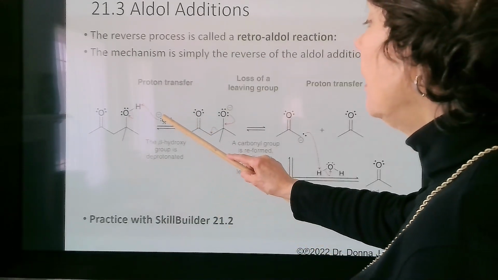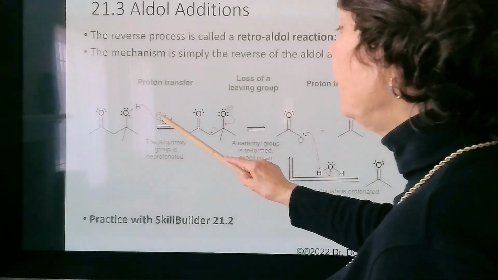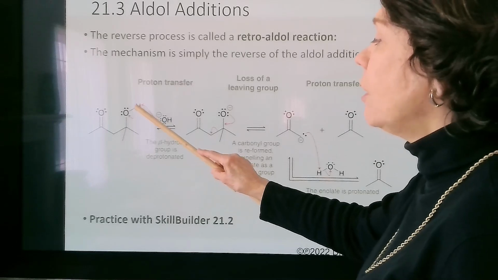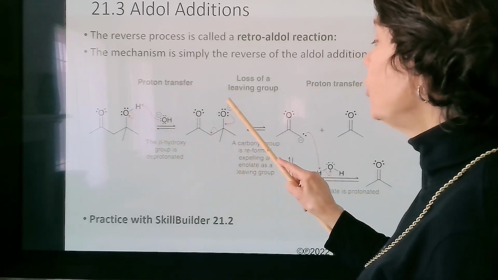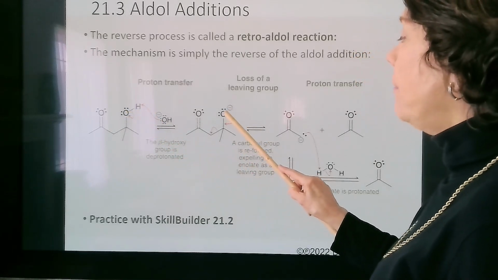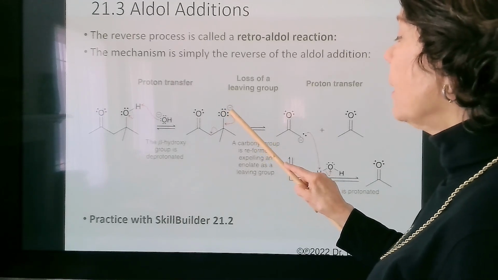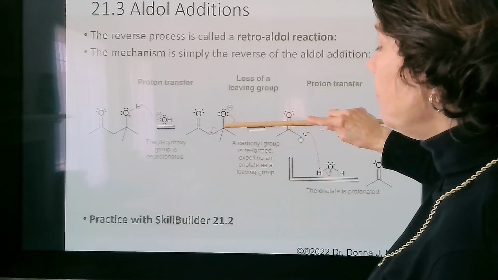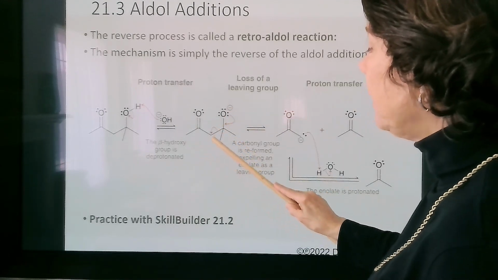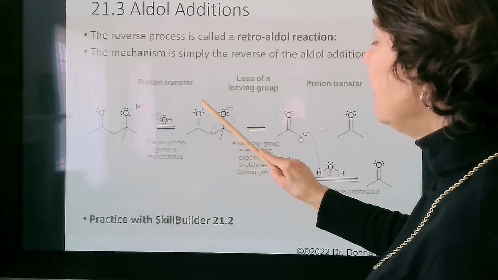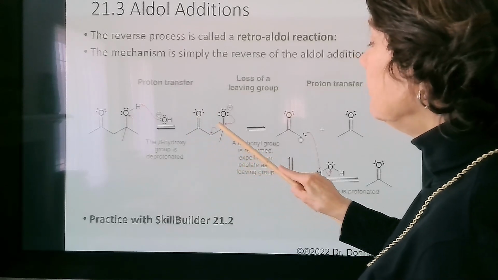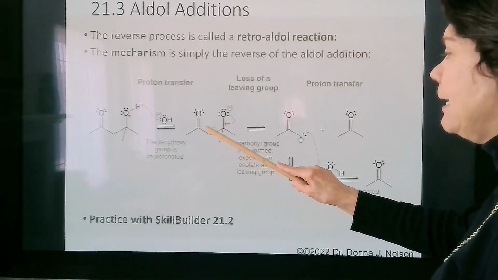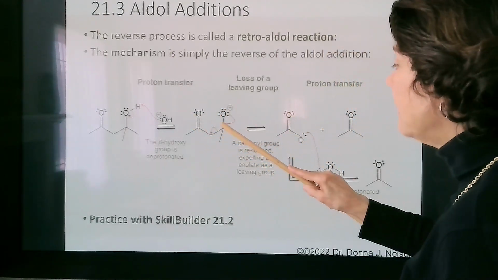And so, remember, it's under basic conditions. The hydroxide comes in, removes a proton, a negative charge is generated at oxygen. So a pair of electrons moves in, reforms the carbon-oxygen pi bond, and so this becomes the leaving group. This incipient enolate right here becomes the leaving group.